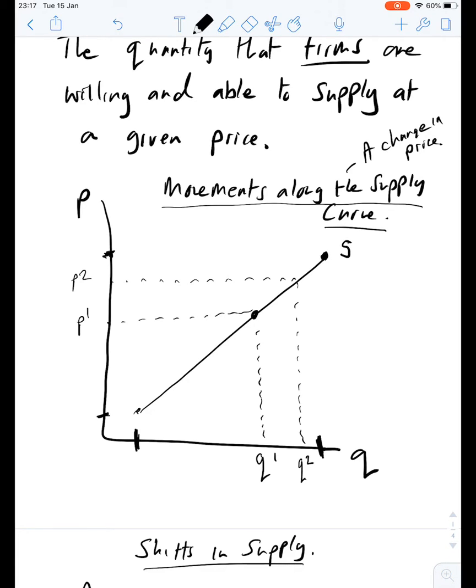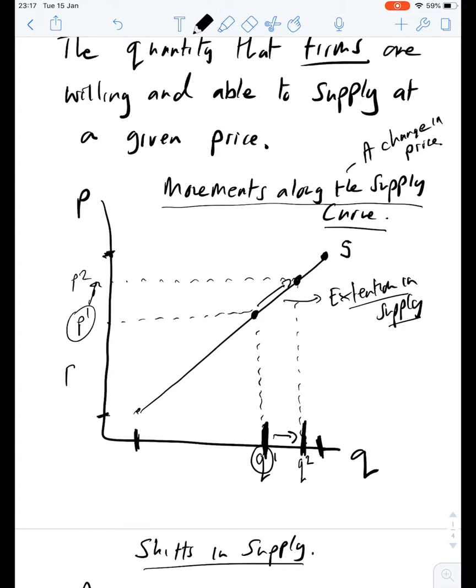This causes a movement along the supply curve, and this movement is called an extension in supply, because we can see at P1 and Q1 this is the quantity supplied at this point here, but when price increases to P2, the quantity supplied increases, therefore it's an extension in supply.